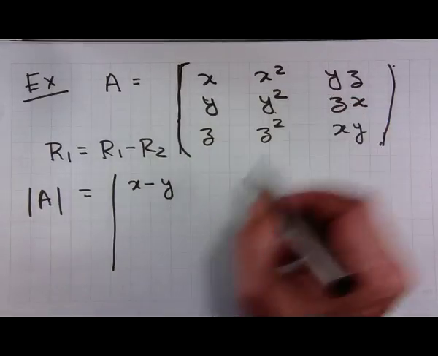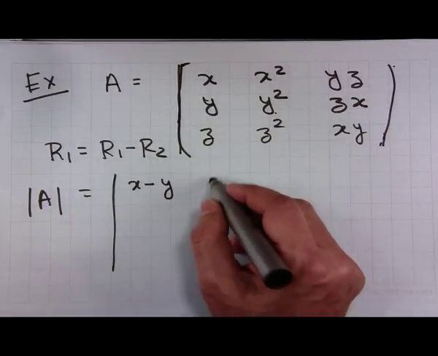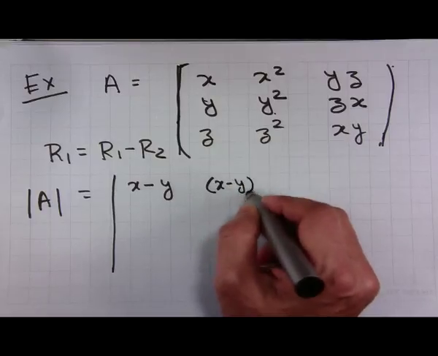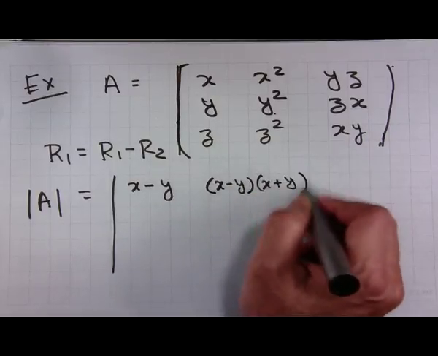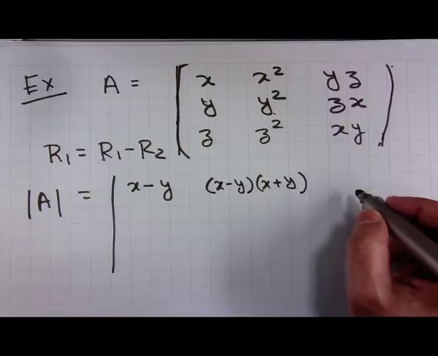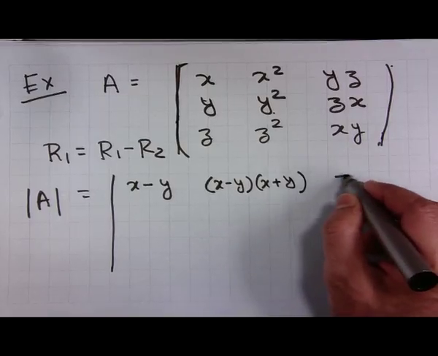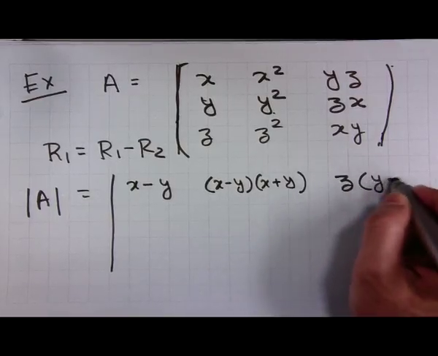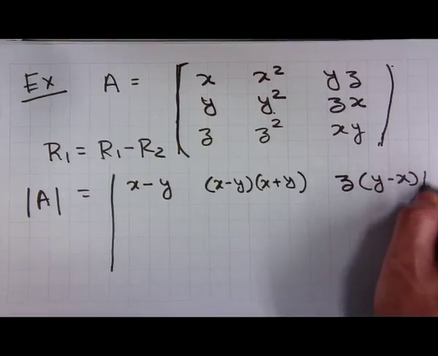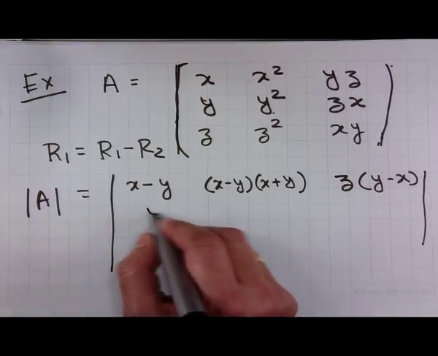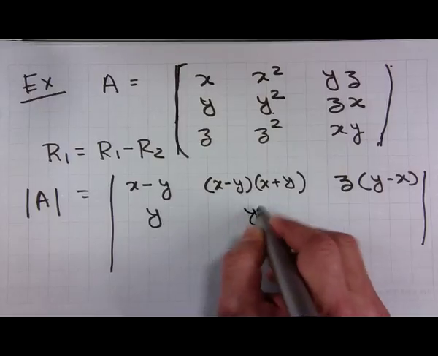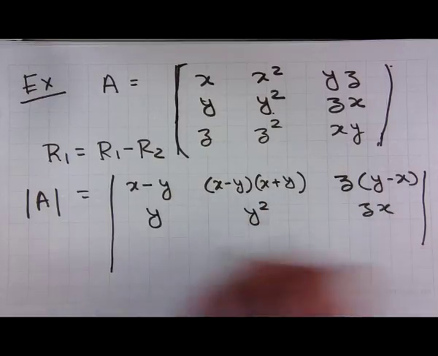What I am getting here is x square minus y square, which is x minus y into x plus y, and what I am getting here is z into y minus x, and other rows remain the same.